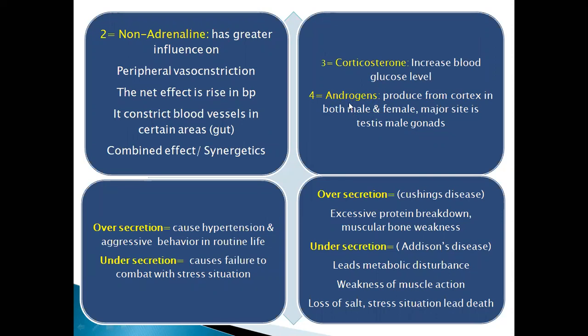We will see it later. Okay, so here the hormones of both regions, the medullary and the cortical regions, are ending. Now I am going to tell you about the synergistic, combined effects of adrenaline and non-adrenaline. What was the common effect of these?